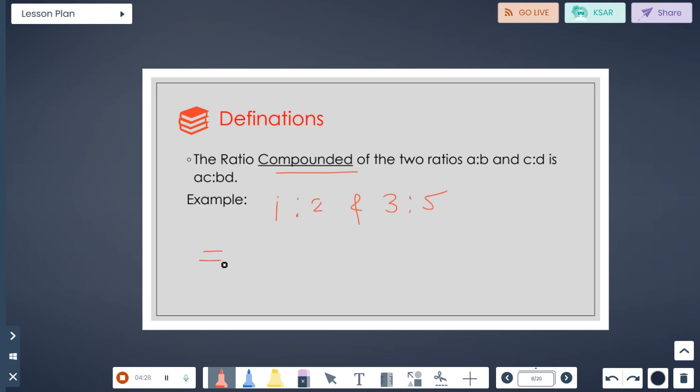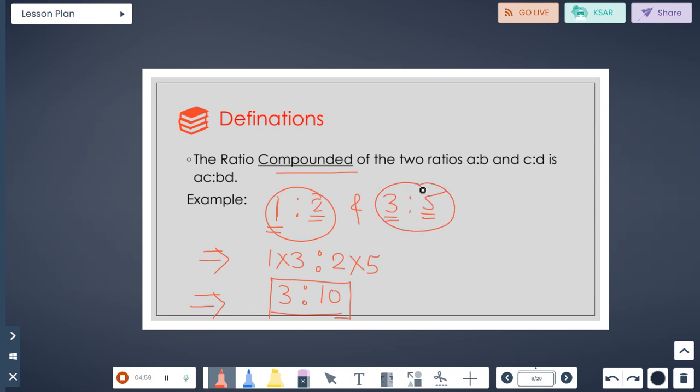Simply multiply the first quantities, 1 by 3, and the second quantities, 2 by 5. We get 3 is to 10. So 3 is to 10 is the compounded ratio of 1 is to 2 and 3 is to 5.